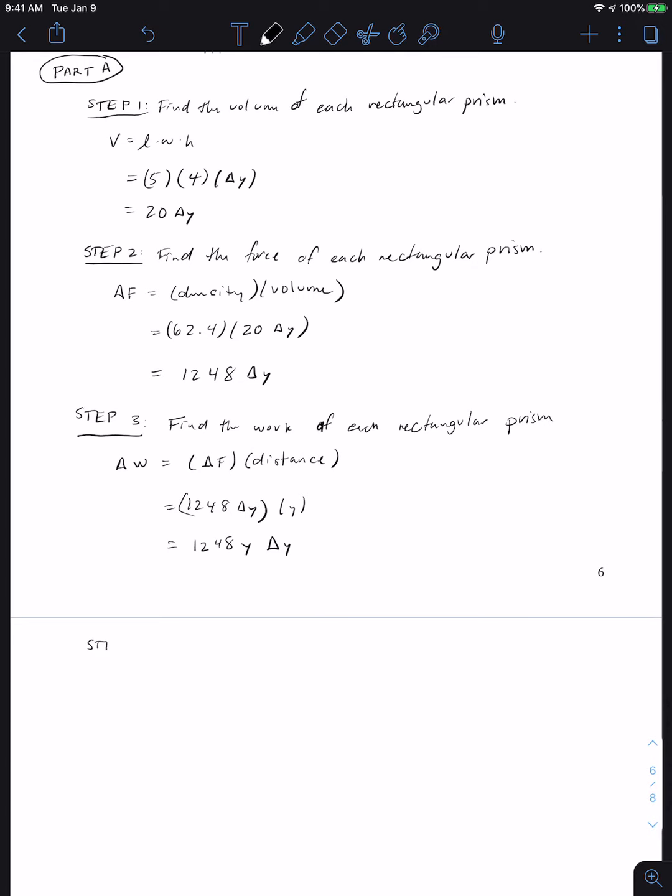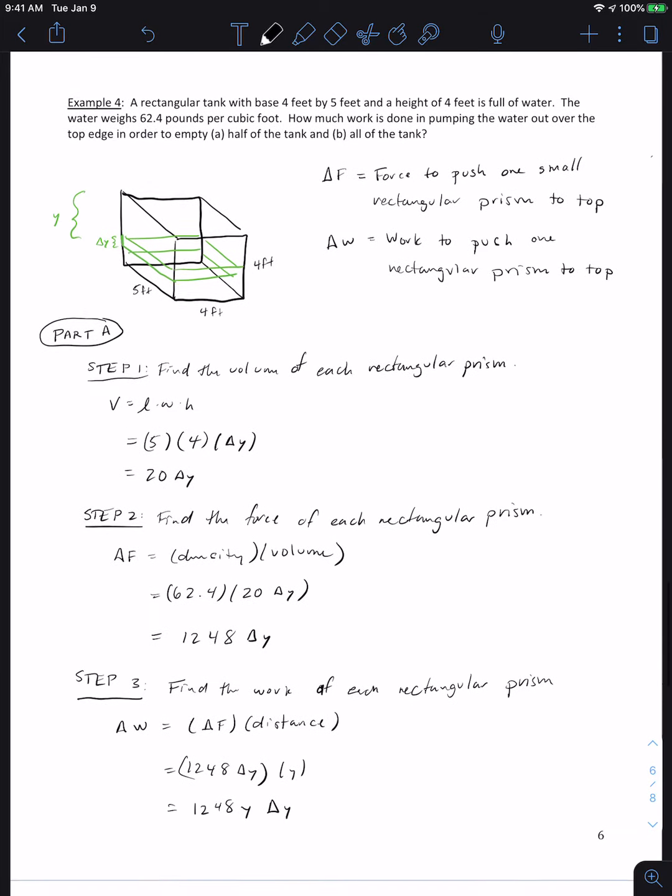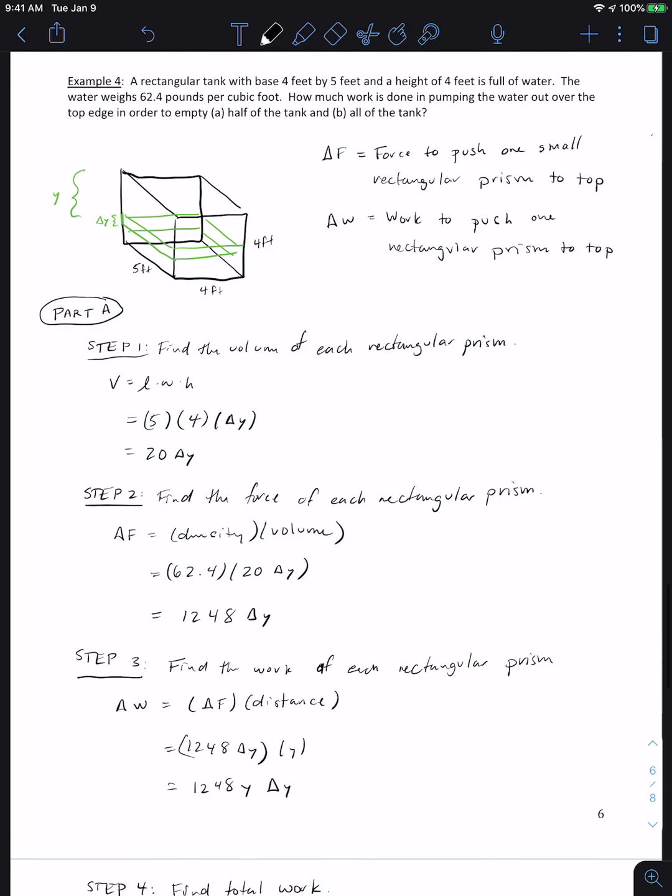So now step 4 is where we integrate to find the total work. Okay, so the hardest part here is determining our limits of integration, right? In this case, we want to push half the tank out.